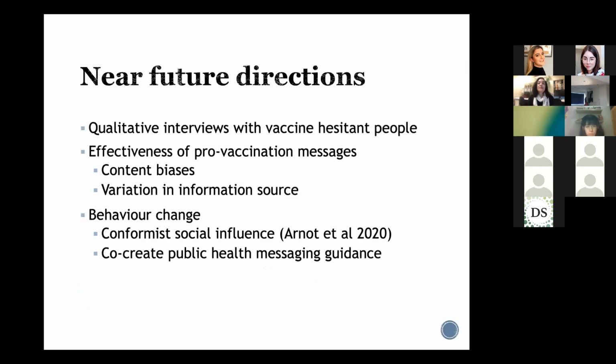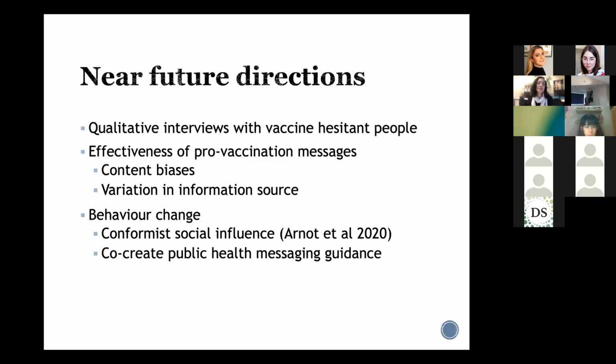So now we're looking at incorporating these theories, and we are conducting qualitative interviews with vaccine hesitant people in Turkey. We would also like to design experiments on the effectiveness of pro-vaccination messages to look at content biases and the variation of the information source, so what kind of information source people find more trustworthy.